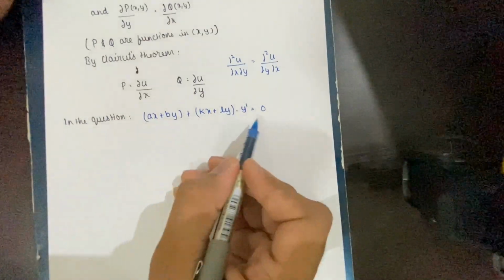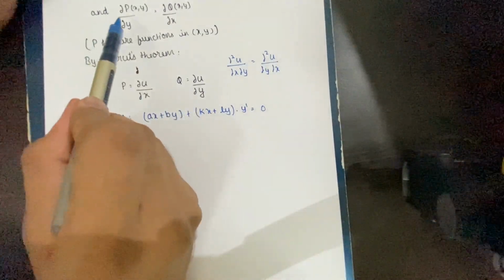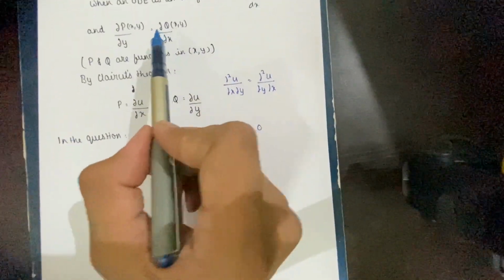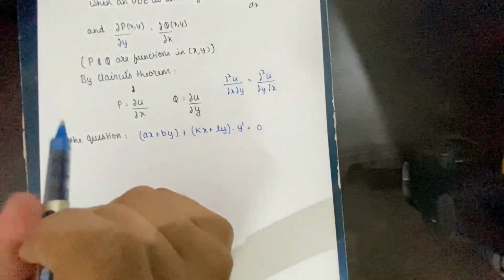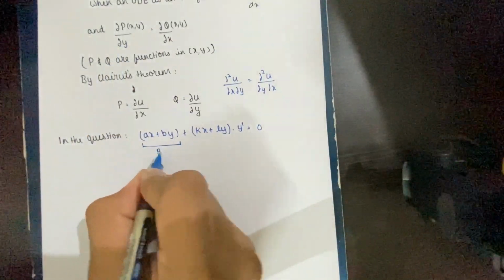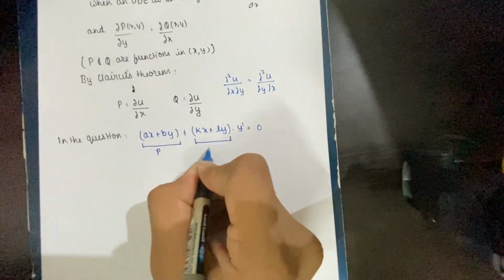Now, for this to be an exact differential equation, it needs to satisfy this condition. It's already in this form. This is the equivalent of p, and this is the equivalent of q.